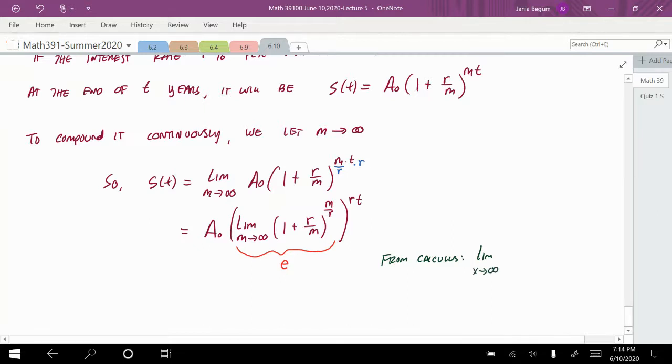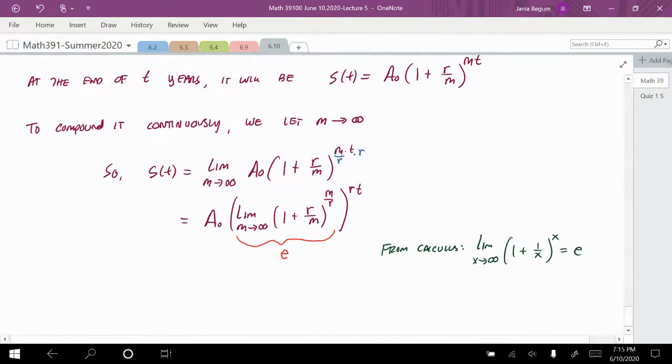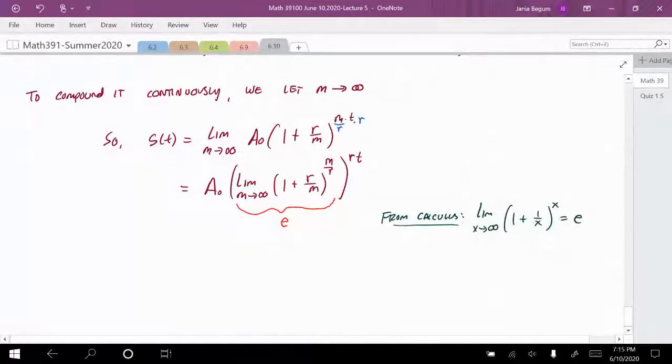I think you saw it this way: the limit of 1 plus 1 over x, to the x power, right? This limit is e. What we have is we rewrote it in terms of r and m, but of course it's just any constant. You should be able to recall this. This limit is e. So what do we have? We have S of t.